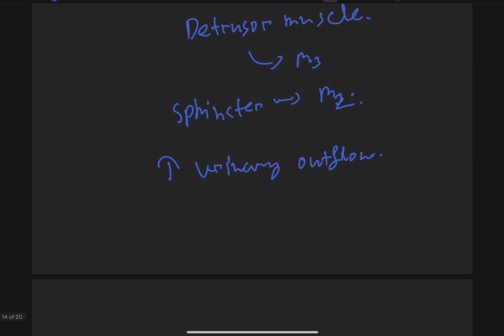Then let's talk about the individual drugs. Acetylcholine is not used as a drug because acetylcholine is very quickly deactivated, or metabolized, by the acetylcholinesterase enzyme.